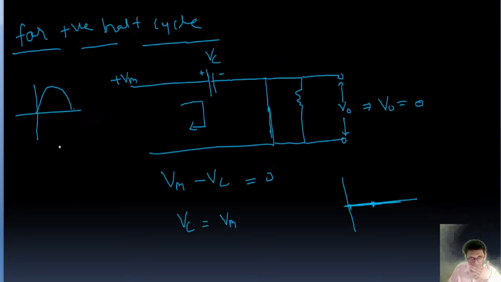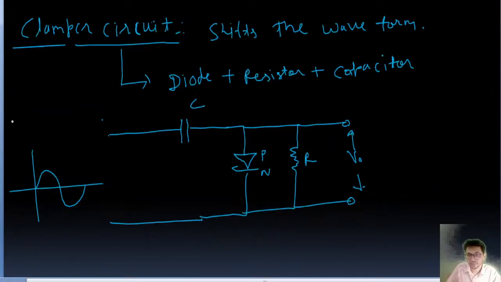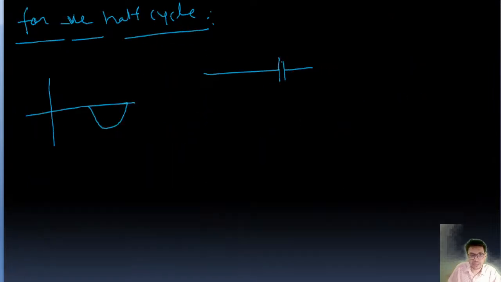Now in this case you can see we are giving minus Vm for the minus half cycle, minus Vm. Okay. Just give me 1 second.